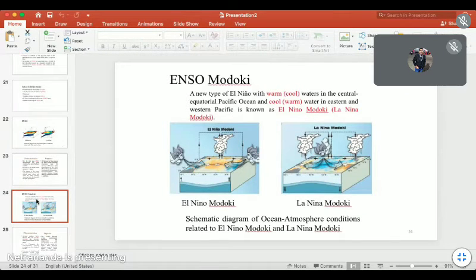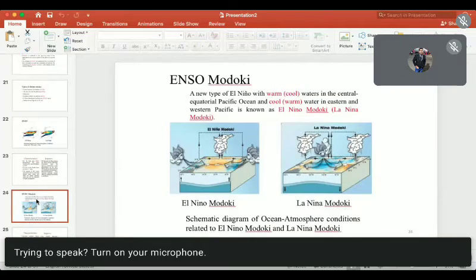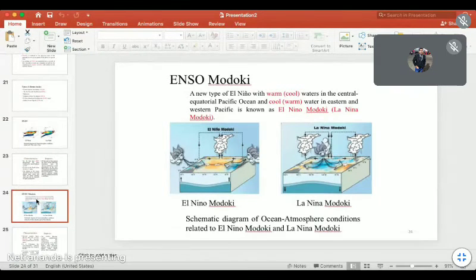And when warming shifts towards the central Pacific, then the eastern and western Pacific within that area become cooler. So this creates another phenomenon. It is known as Modoki, a Japanese term which means similar but different. Quite similar to ENSO-type phenomena. It is in the Pacific, but it propagates differently.